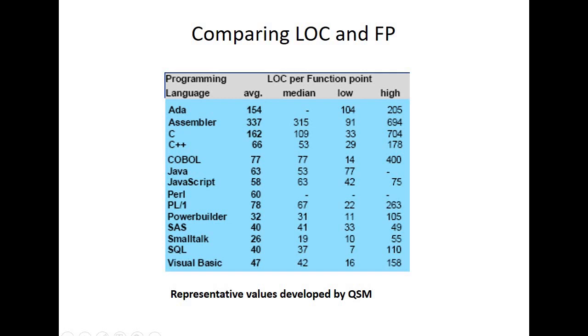These are the representative values developed by QSM. So it's not the values which I have come up with. These are just values to showcase what the actual view can be when we are using these LOCs and function points as well.